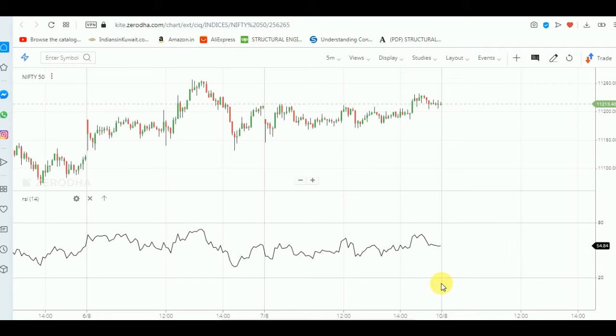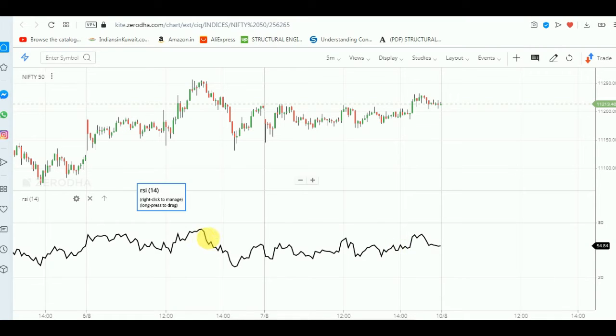Which means that if this particular line comes below 20, it is called the oversold portion, which means that most of the traders already sold the particular script, and that is why this relative strength index came below the 20 region.